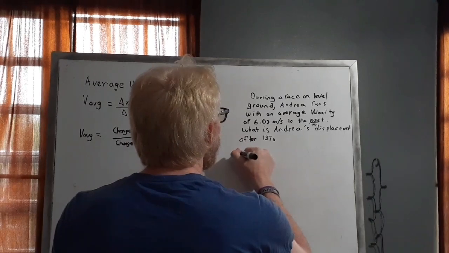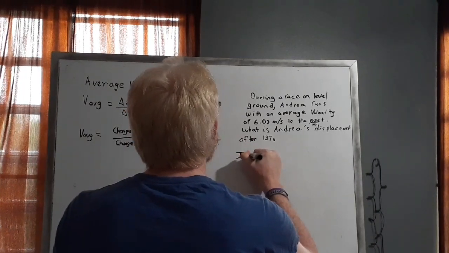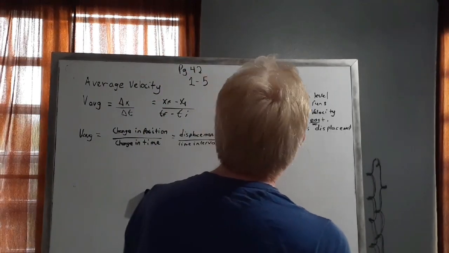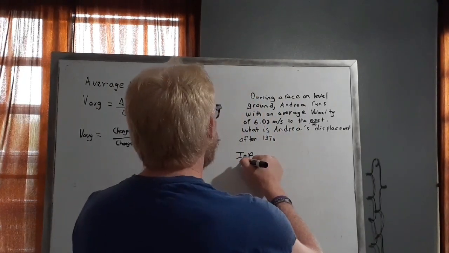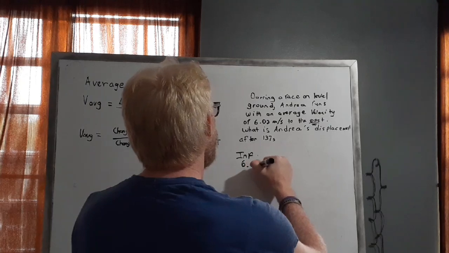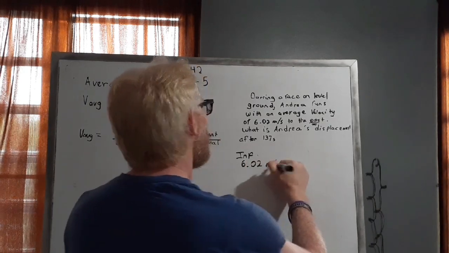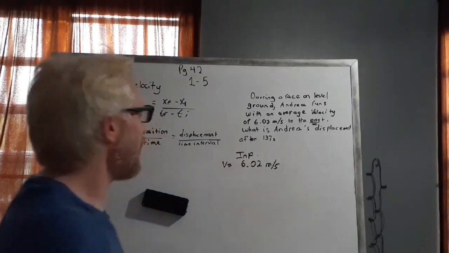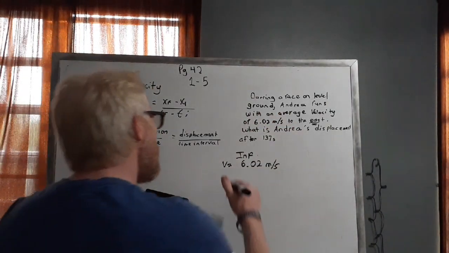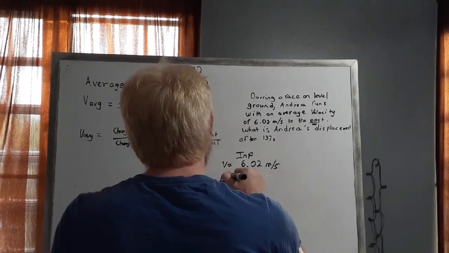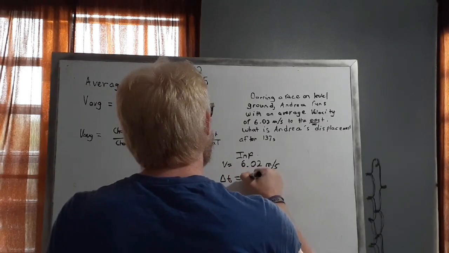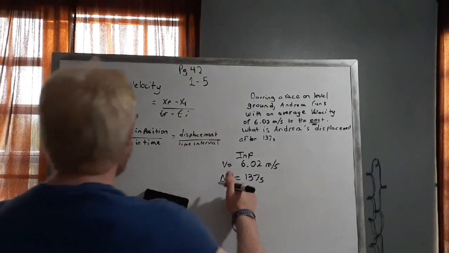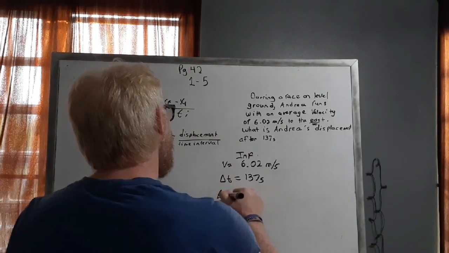Now let's look at the info that we have in this problem. The information that they're giving us is her velocity, because it's saying that her velocity is 6.02 meters per second. So that we know is the average velocity, and the time interval, which is 137 seconds. So what we're looking for is the displacement, or the change in x.